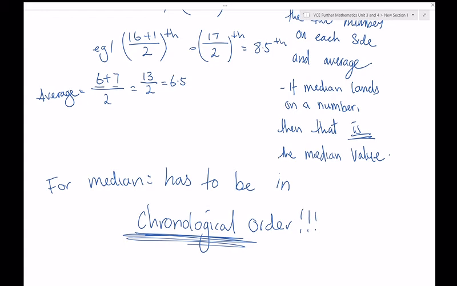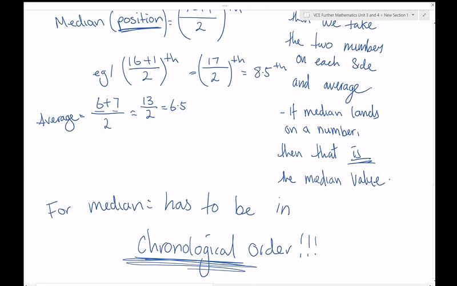If you get a median of 10.5, well, it doesn't really represent the middle when everything else is just 1, 1, 2, 3, 4, or 5. If that makes sense. So it has to be in order for finding the position and then finding the value. That is very important.